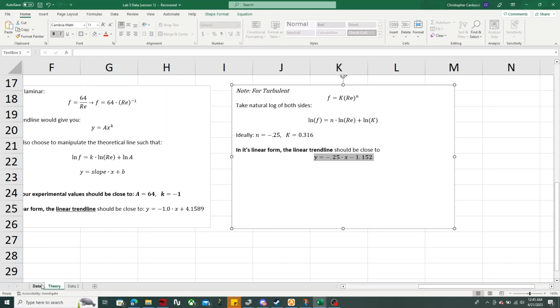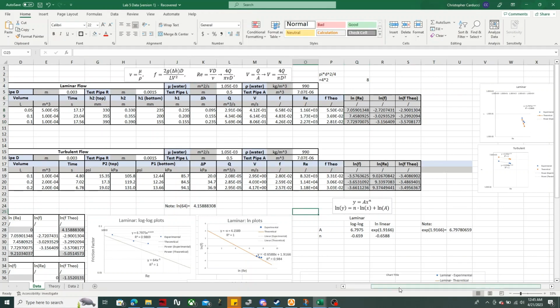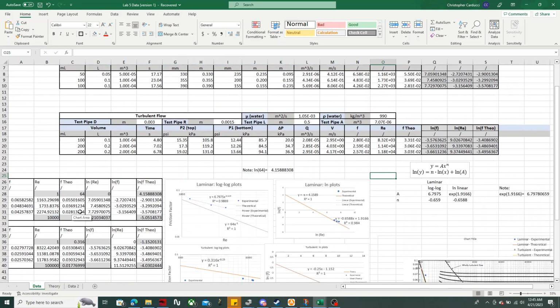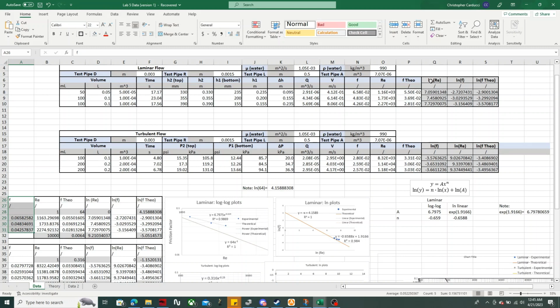So let's look at the ways that we look at our data. All I did was move my data points to a table down here. I also rearranged it such that I had increasing Reynolds number. You don't have to do that, I just did it to make everything line up correctly. Also, you don't have to do this part where it's grayed out.